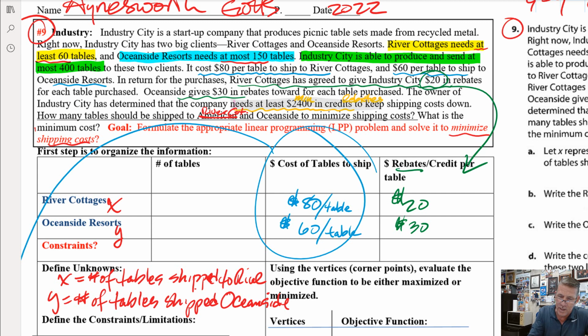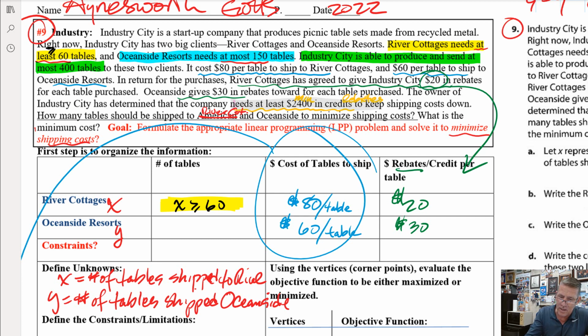Well, check that out. Let's actually write it down. If River Cottages needs at least 60 tables, that means x, the number of tables shipped to River, has to be greater than or equal to 60. At least means greater than or equal to. So x has to be greater than or equal to 60.